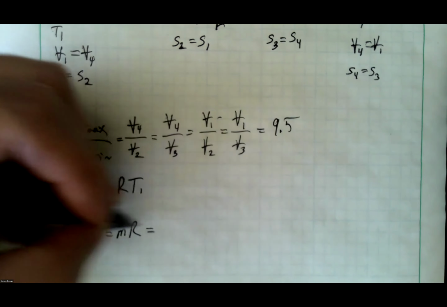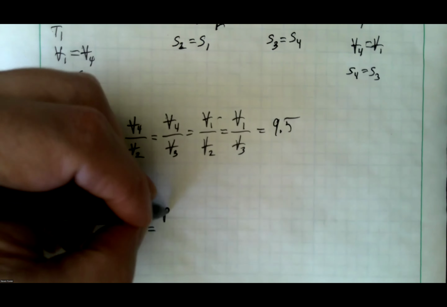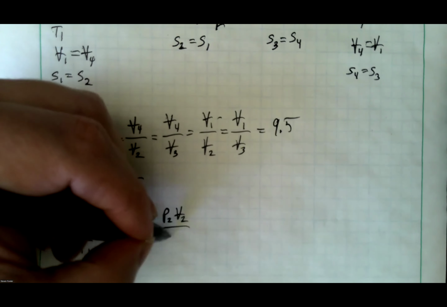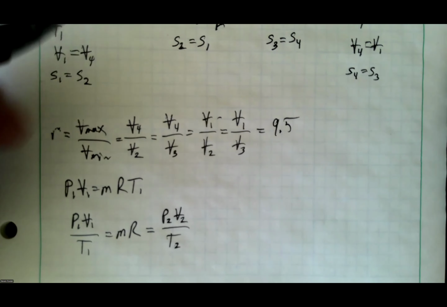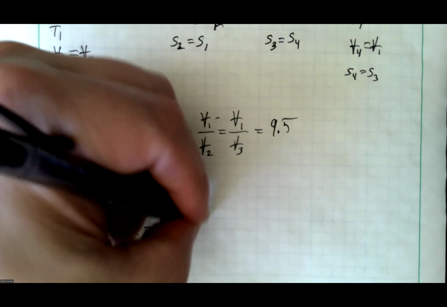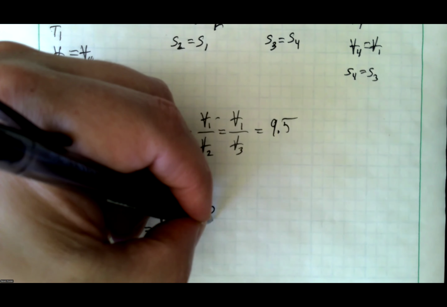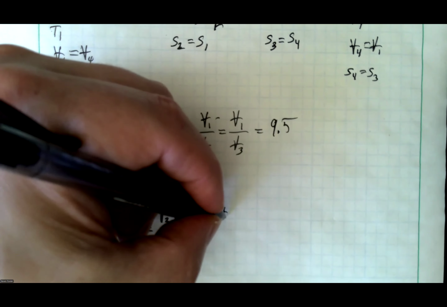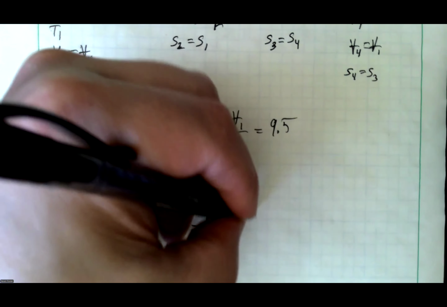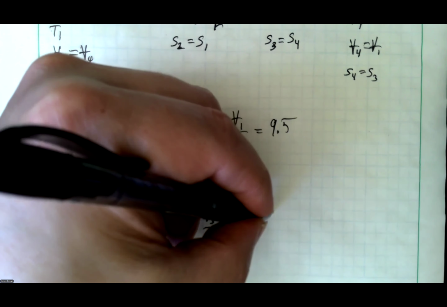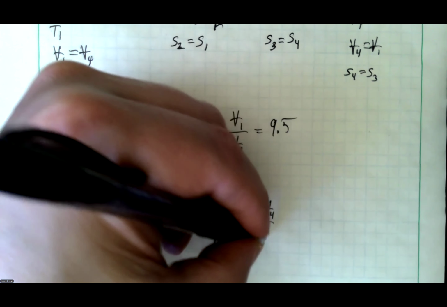And then what I can do is set up the same ratio at all the other states. P2 V2 over T2 is equal to P1 V1 over T1, which is equal to m R. And the same thing at states 3 and 4. P3 V3 over T3 is also equal to P4 V4 over T4.